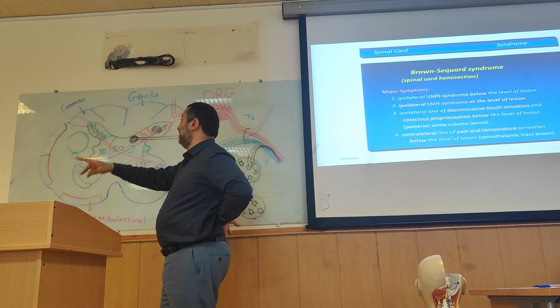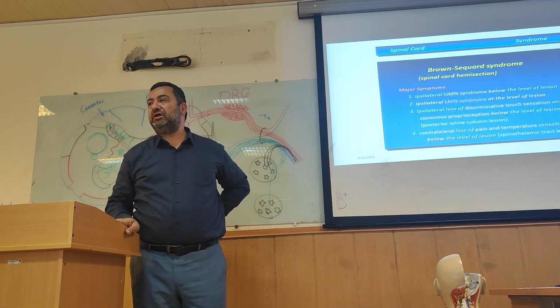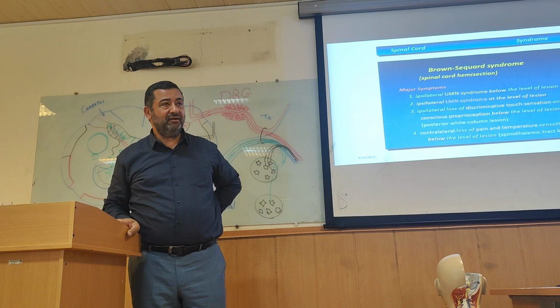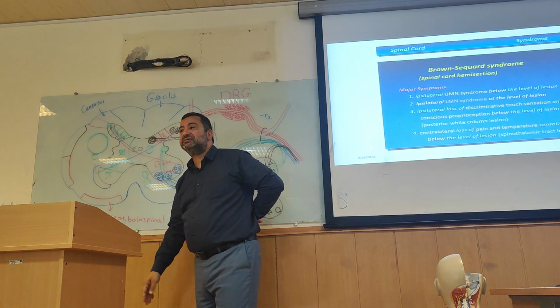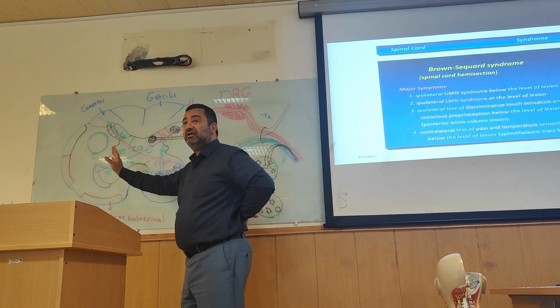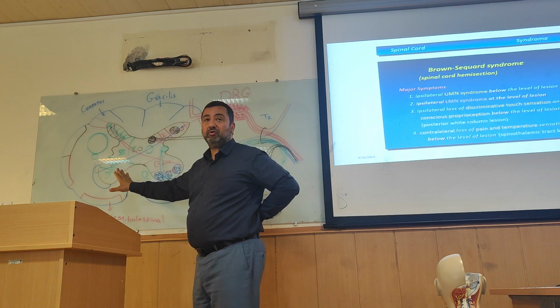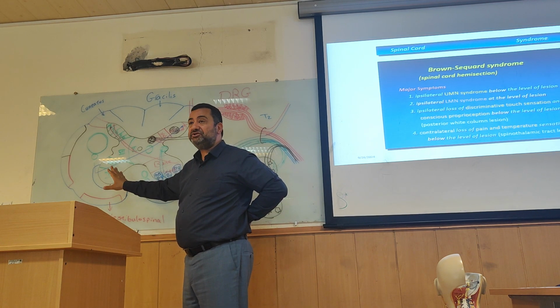And in the gracilis and cuneatus fasciculi, there isn't any crossing. But the spinothalamic tract has crossing. Damage is on the right side, so the right side of the spinal cord at the level of L1 has damage.